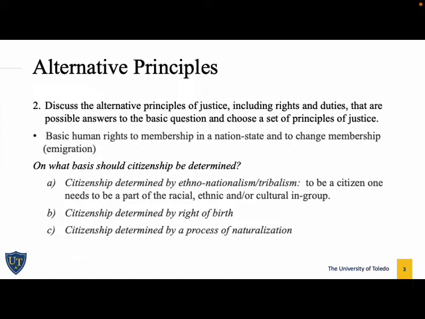The second principle, which is generally accepted in most places, including our own country, is citizenship determined by right of birth. So any baby who is born in the United States or born to American citizens, their parents being American citizens, automatically has a claim to a right to citizenship.